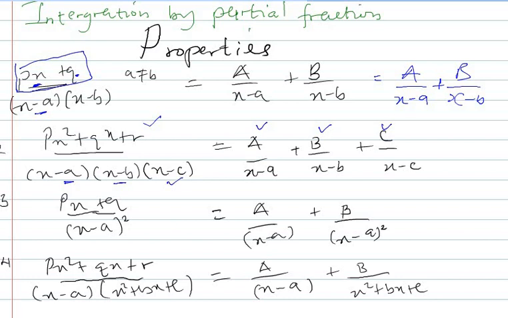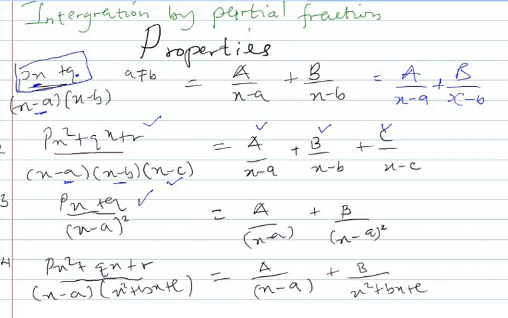So px squared plus qx plus r all over the whole thing should be equal to A over the first bracket plus B over the second bracket, x minus b, plus C over the third bracket. This is the second property.